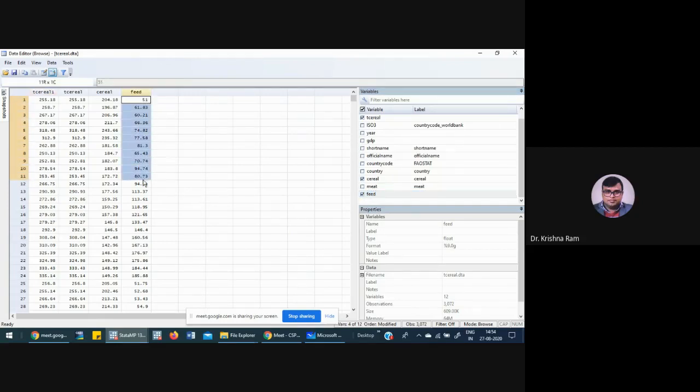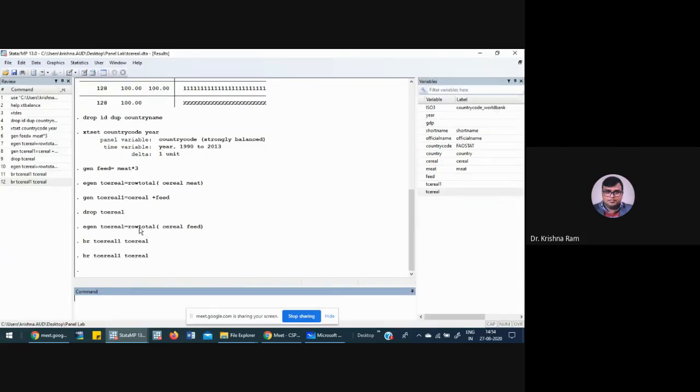Let's suppose that if you require to make a total over this many observations belonging to a particular cross-section, we need to type egen total cereal equal to total cereal feed by country ID. So that gives you total cereal consumption by country ID. So that becomes a column total.